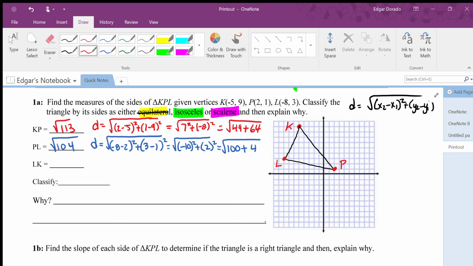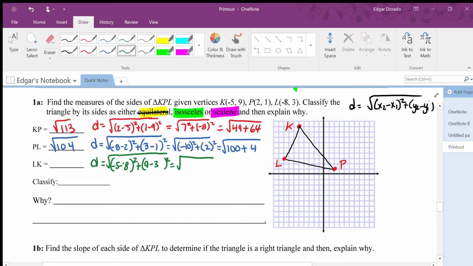Alright, let's do it. So LK, distance equals, remember, x2 minus x1. So I'm going to have negative 5 minus negative 8 squared, plus, and then we're going to have 9 minus 3 squared.